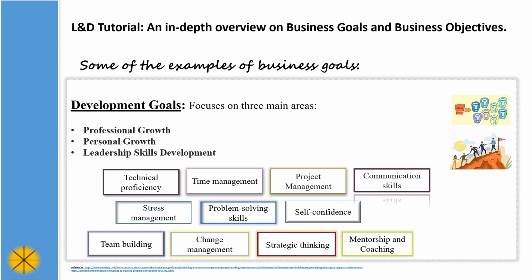And leadership skills allow leaders with team building, change management, strategic thinking, mentorship and coaching, corporate governance, conflict handling, resource allocation, networking, etc. skills, which helps drive overall organizational and individual growth.